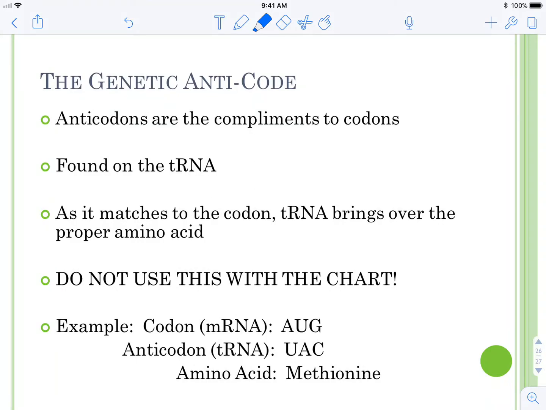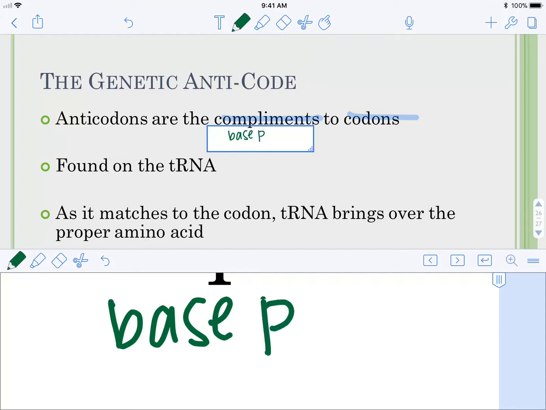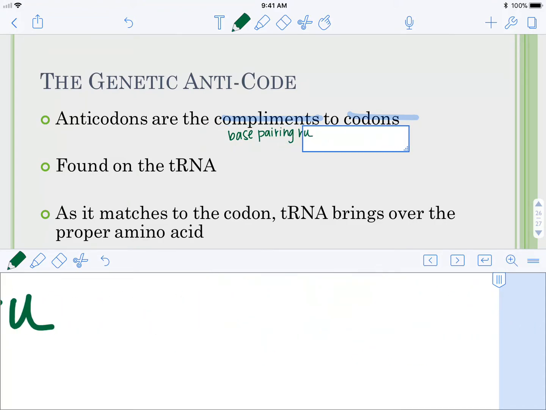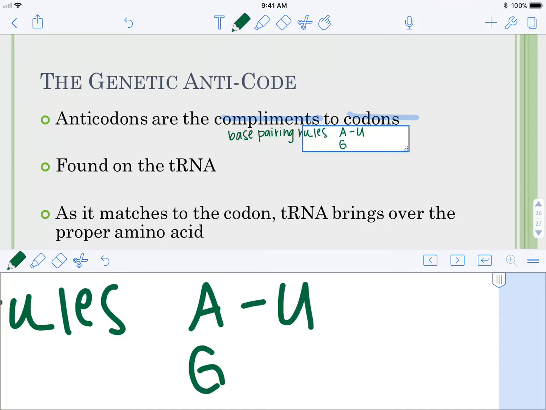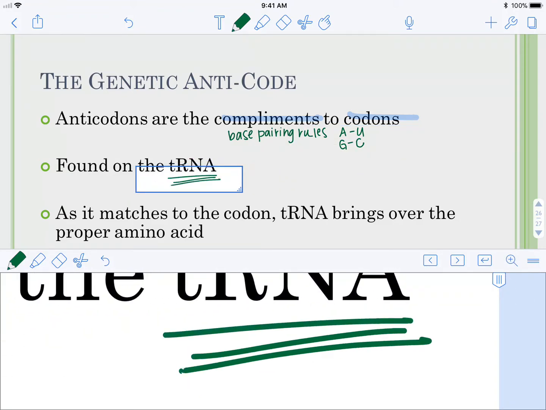An anticodon, a couple of things that are really important. It complements the codons, meaning it follows the base pairing rules. A goes with U, G goes with C. It's found on tRNA.